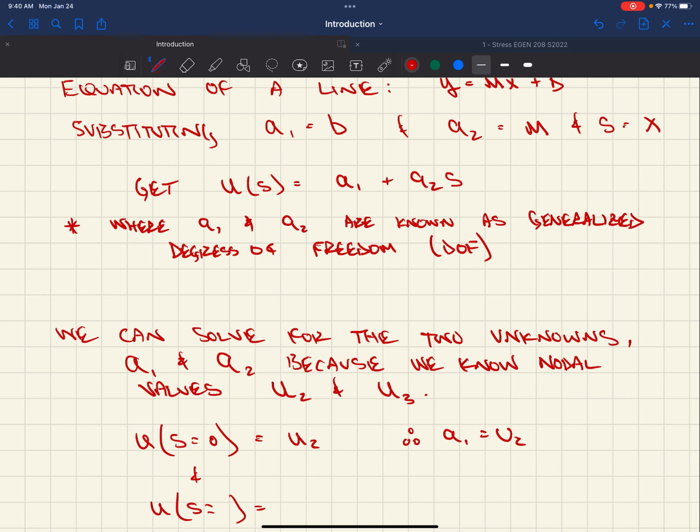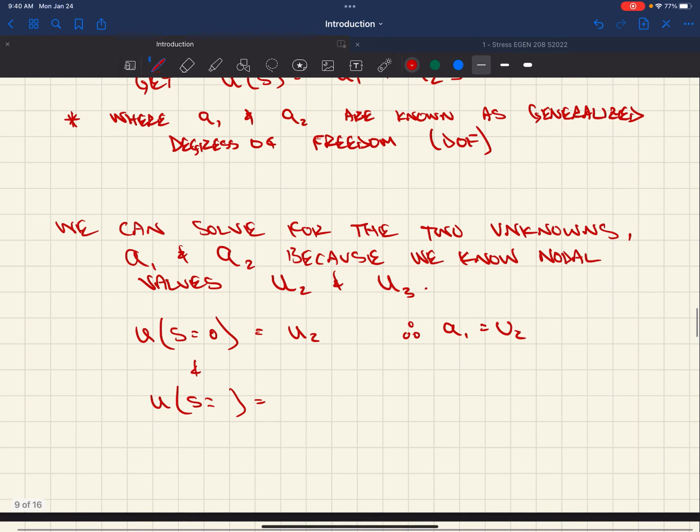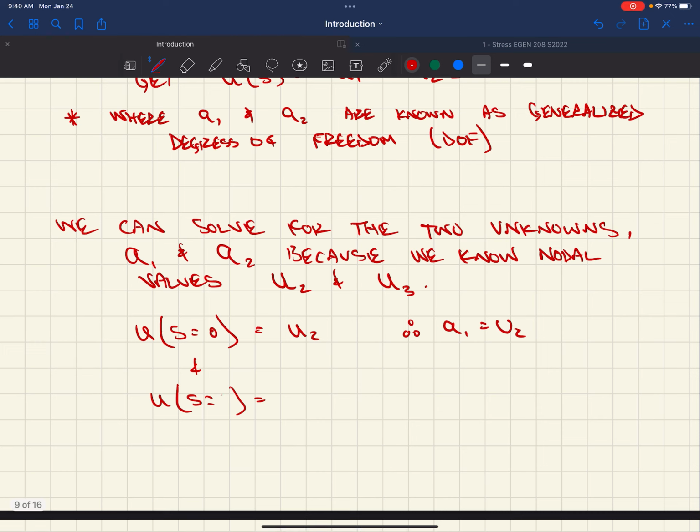Again, we need another boundary condition, another point of known. Well, if we're at the other end of our element, we're at U3. That makes us determine that U3 equals U2 plus A2L. Just plug in. We know A1 is U2 already because of our first boundary condition.